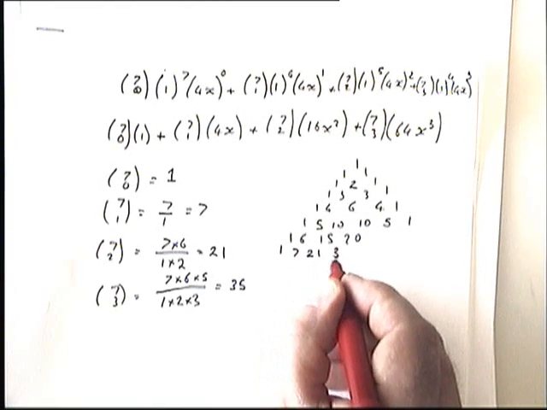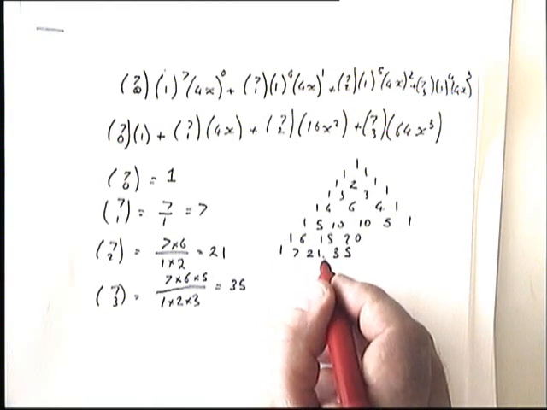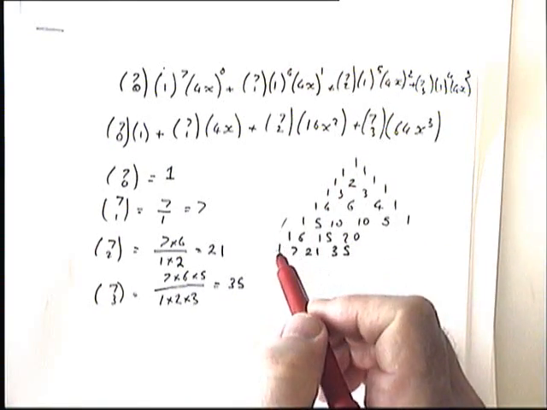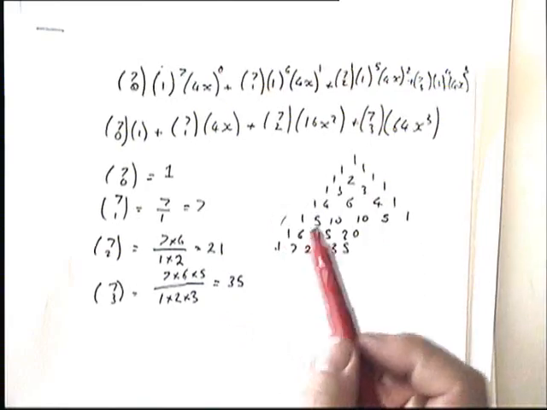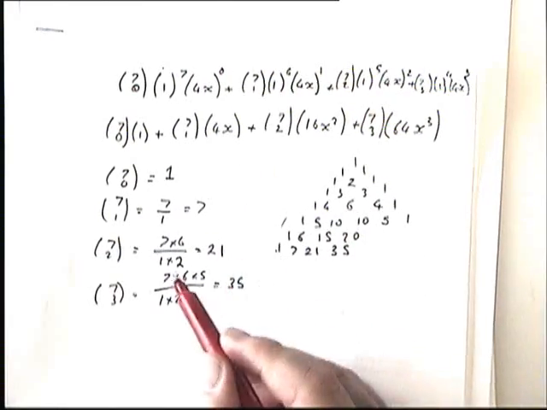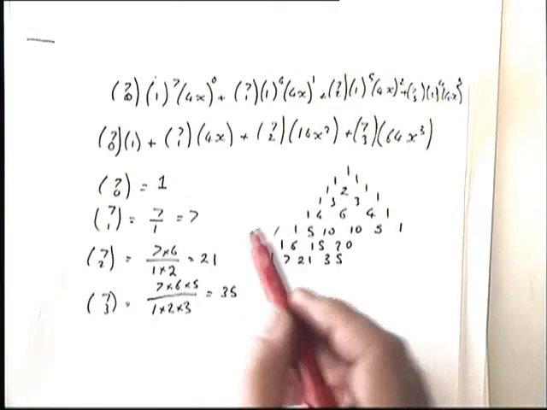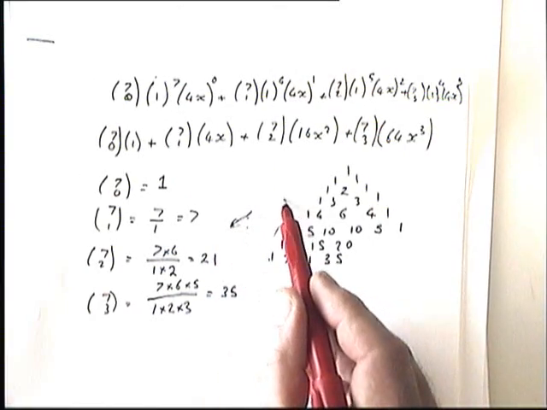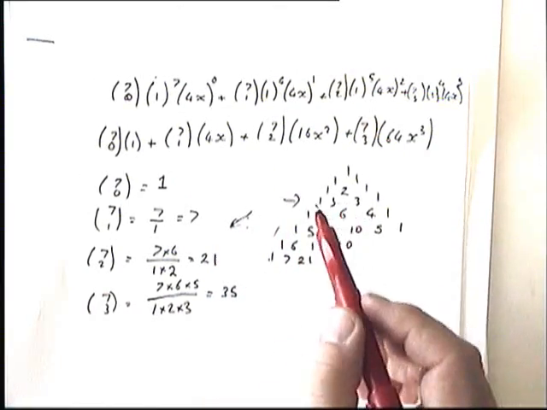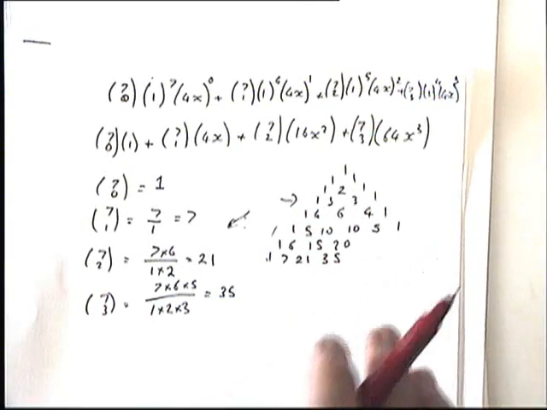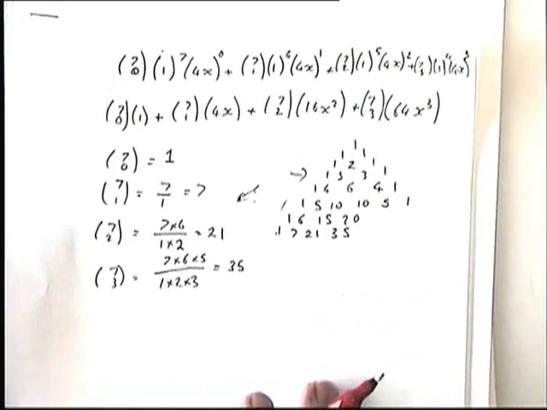And you finally get 1, 7, 21, 35. And count down, you'll get that's a 7. So there's a couple of ways. Now, as the power that we're expanding gets larger, we aim more towards this than we do towards the triangle. But if you're expanding to a cubic, then the triangle is just as quick.